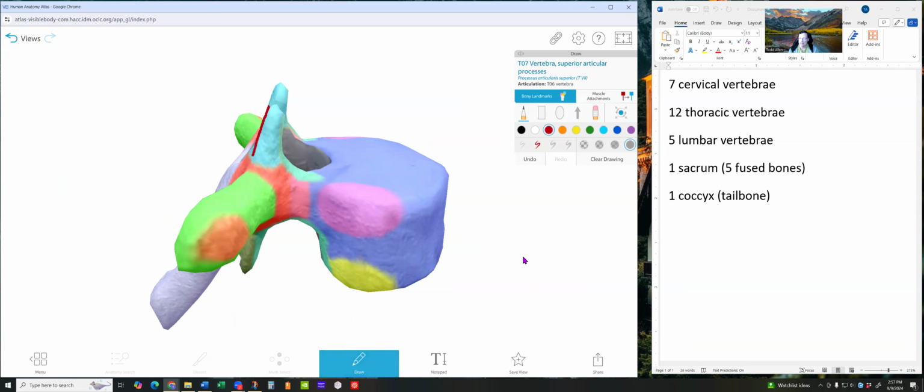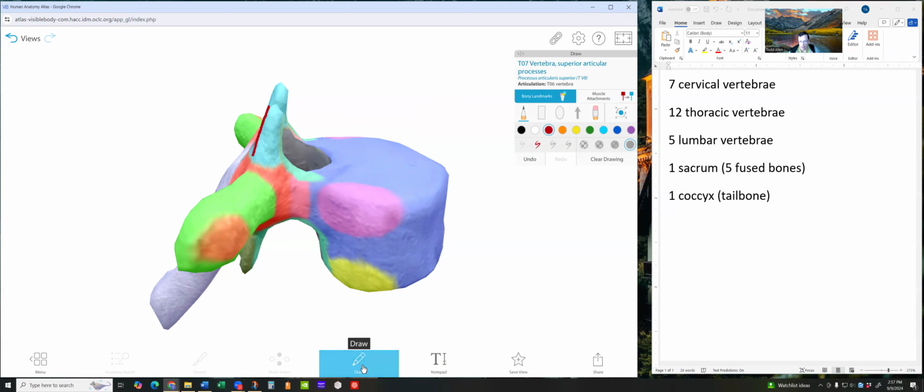So a facet is a surface of something, in this case, of a process. If I were to ask you what this is on an exam, if you tell me superior articular process or superior articular facet, I'm going to give you credit in both cases. But I want to highlight what the software is telling you.